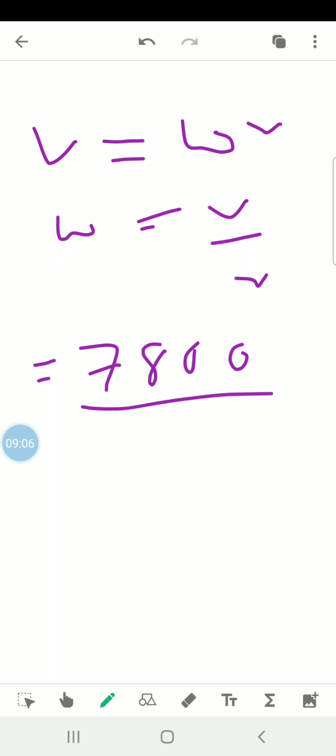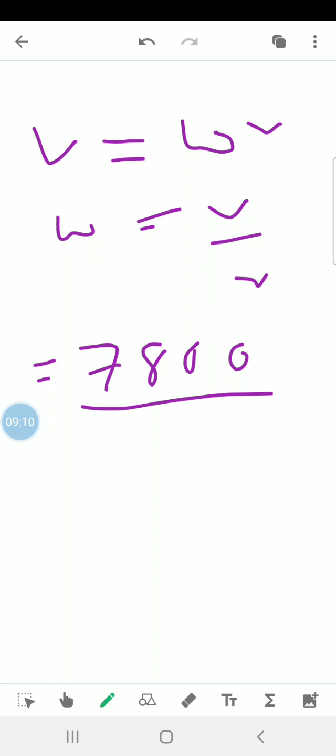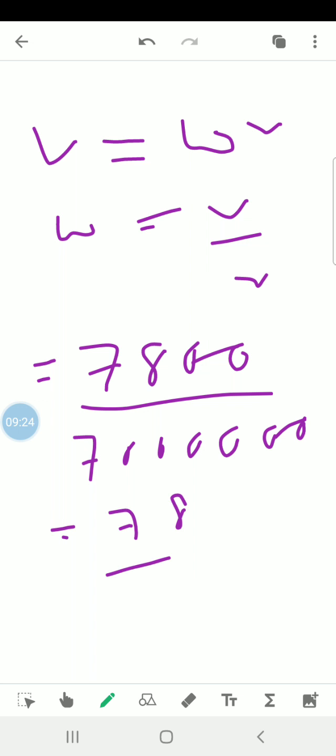Then radius is given as 7,000 kilometers. You have to convert that into meters by multiplying by 1,000. 7,000 multiplied by 1,000 means adding 3 zeros. Then 2 zeros and 2 zeros get cancelled out. Then you get 78 divided by 70,000.